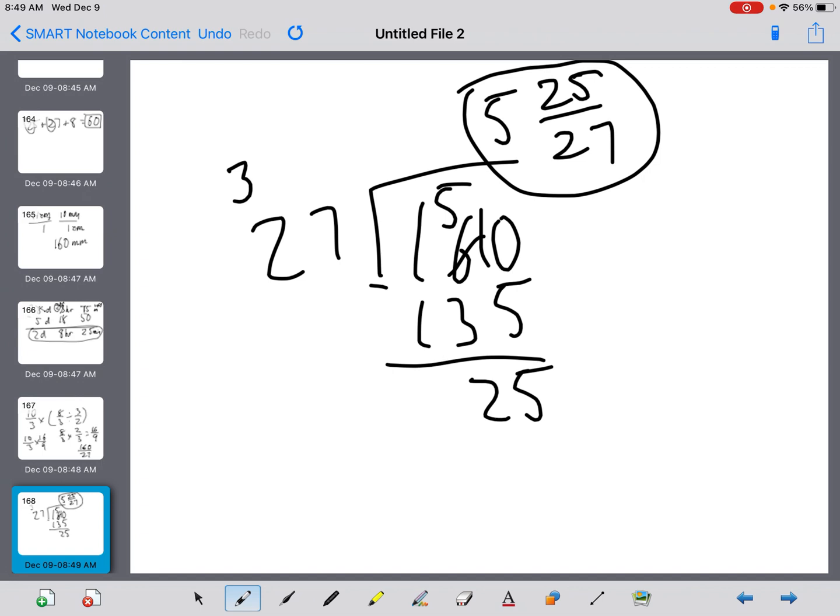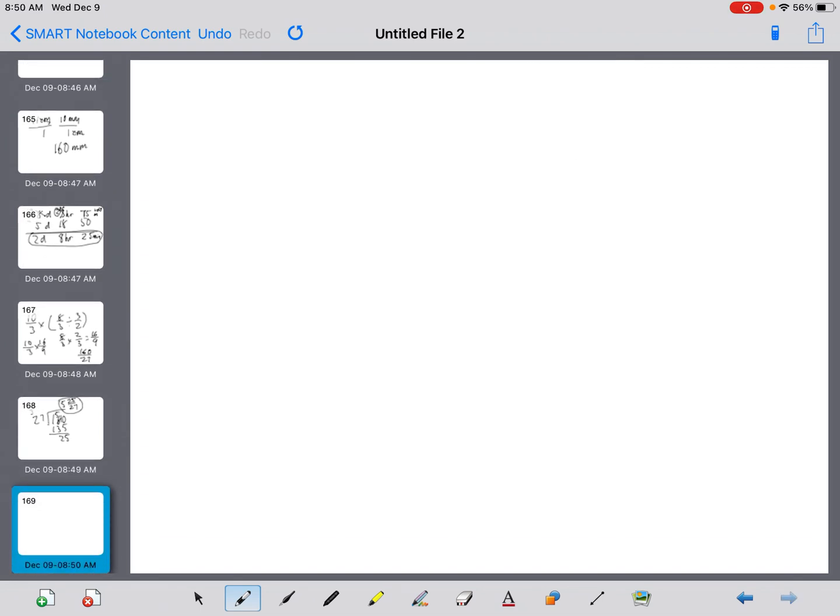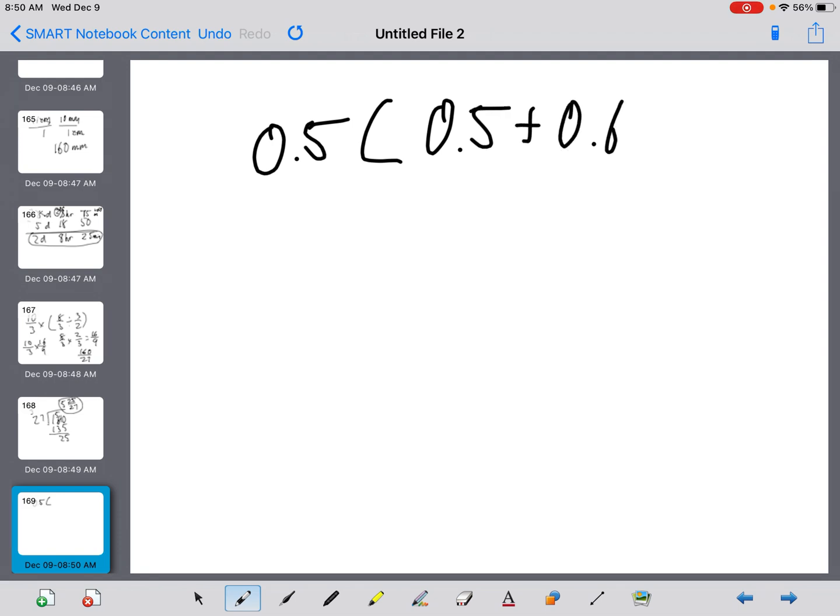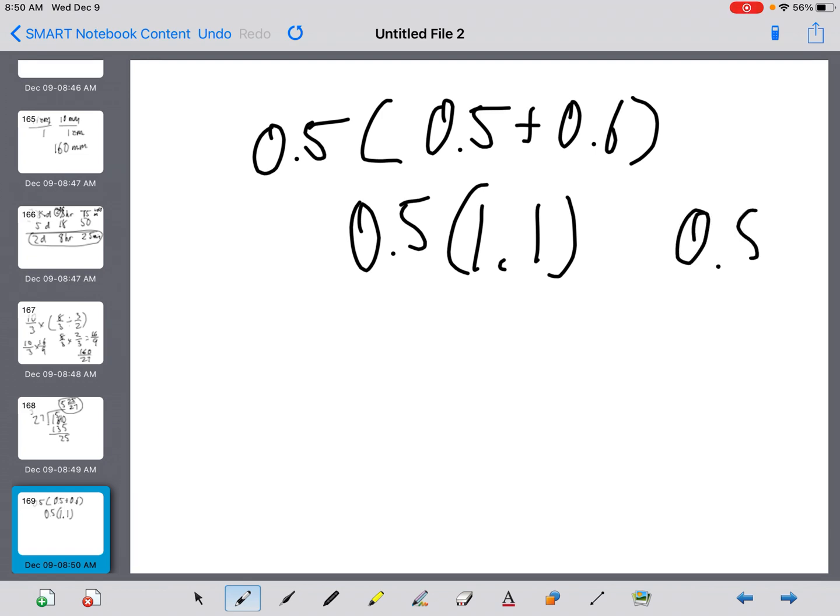But we got it. Number 27, show 2 ways to evaluate that expression for 0.5 and 0.6. So I have 0.5 times 0.5 plus 0.6. Step 1, your brain would say do parentheses first. So I have 1.1 and then times 0.5 would give me 0.55, because I multiply, then count my decimal places.